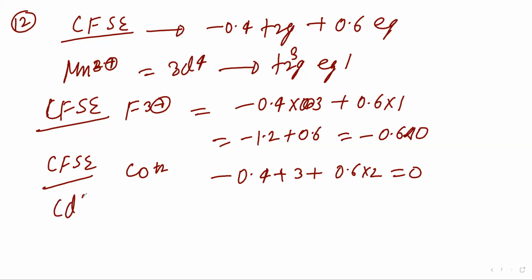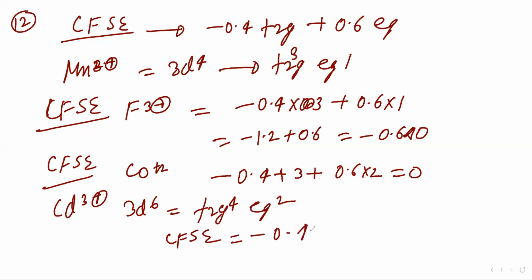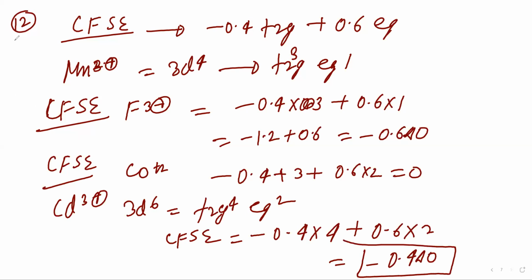Next is Cd3+, which is 3d6, t2g4 eg2. So CFSE will be minus 0.4 into 4 plus 0.6 into 2, which is equal to minus 0.4 delta naught. So please write the explanation. That's all for today. We'll meet tomorrow.